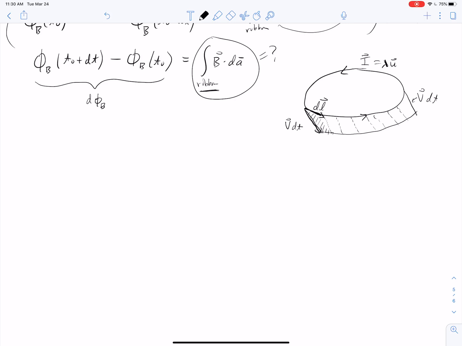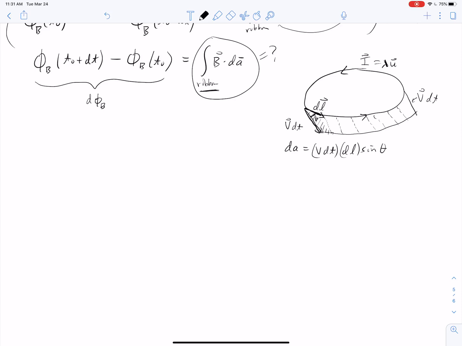There's some very cute little geometry, because we can notice that the area of that parallelogram, dA, if this is the angle between them, theta, is equal to v dt times dl times sine theta, right?